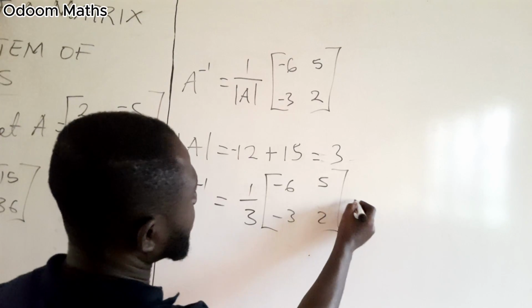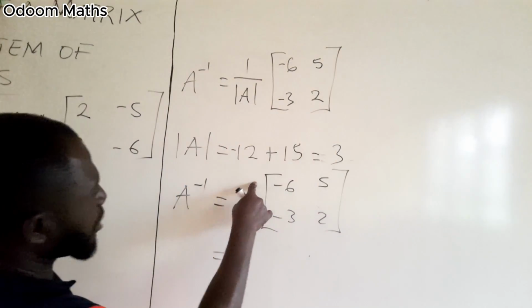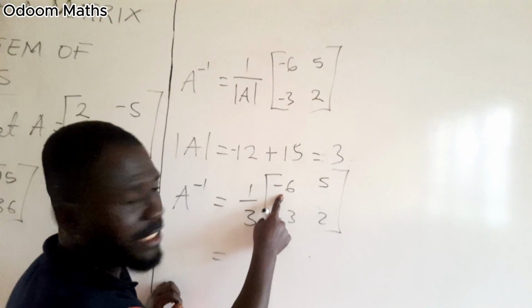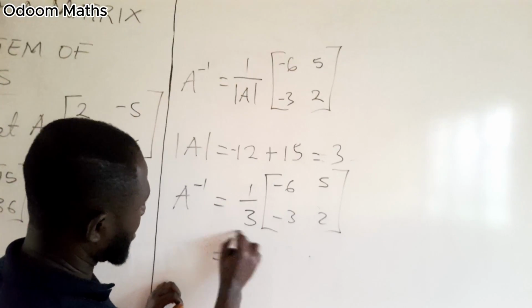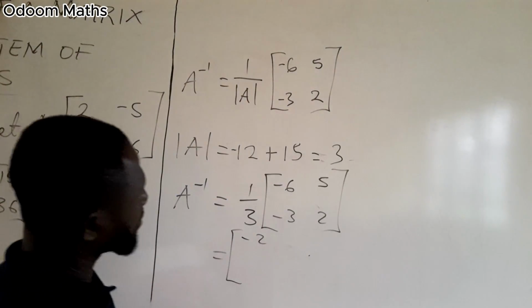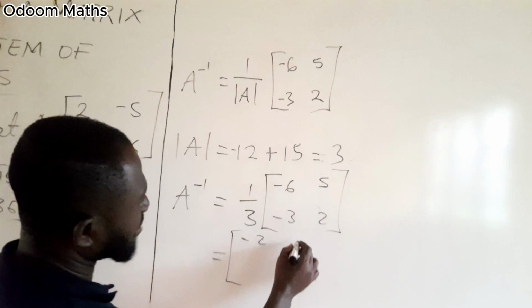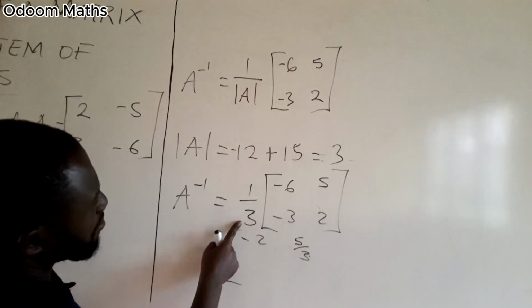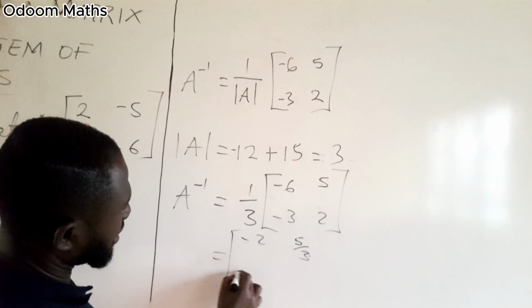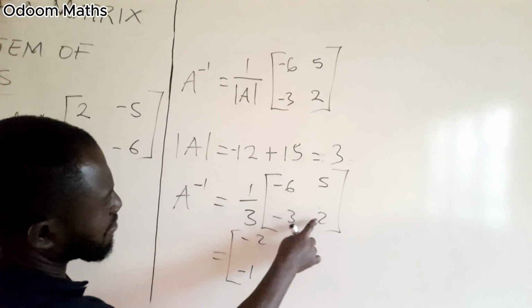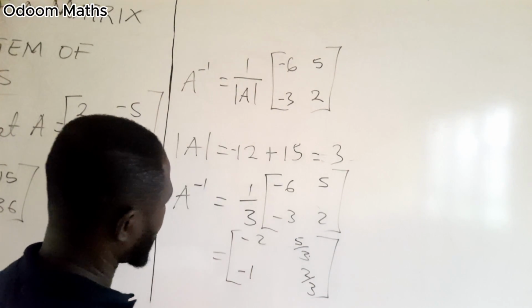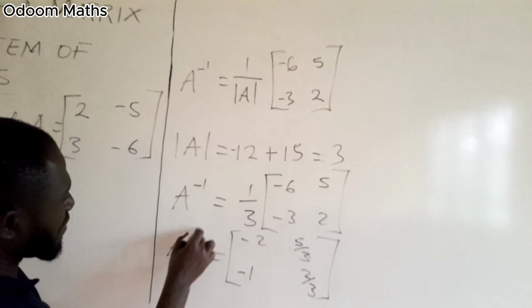So now let's multiply. 1 over 3 times negative 6 will give us negative 2. Then 1 over 3 times 5 becomes 5 over 3. Then 1 over 3 times negative 3 becomes negative 1. Then 1 over 3 times 2 becomes 2 over 3. So this is the inverse of A.